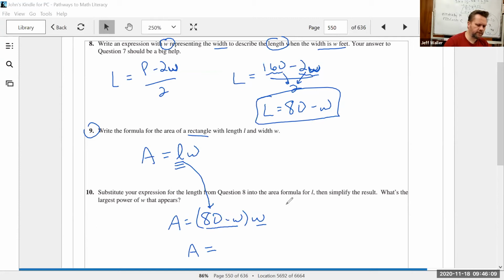What do I have to do to simplify this? I just have to take this W and multiply it in. Is that cool? Distribution? I get 80W minus, what's W times W?